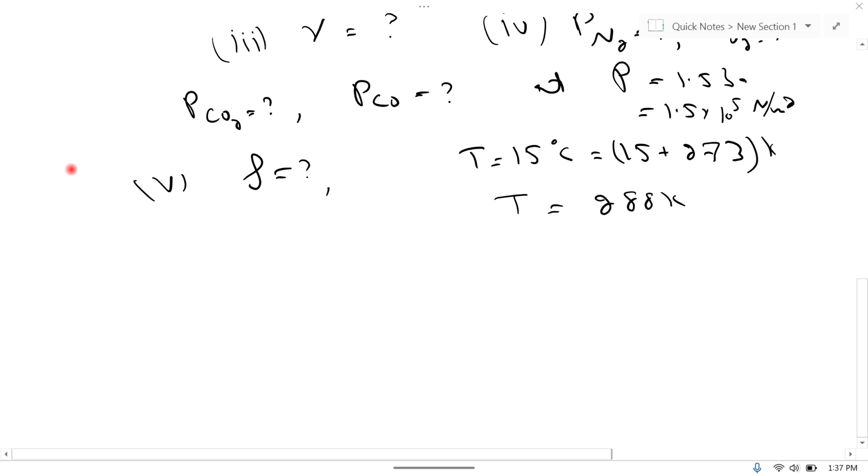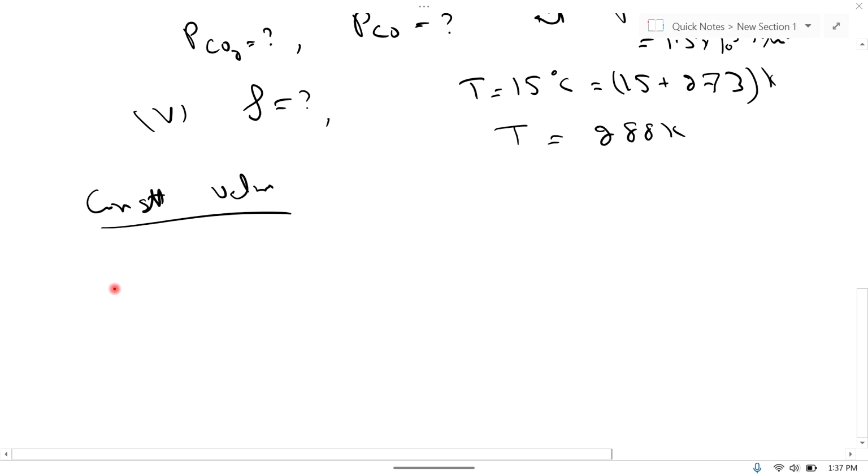And there are some constant values to remember. We know that molar mass of nitrogen is 28 kilogram per kilomole.